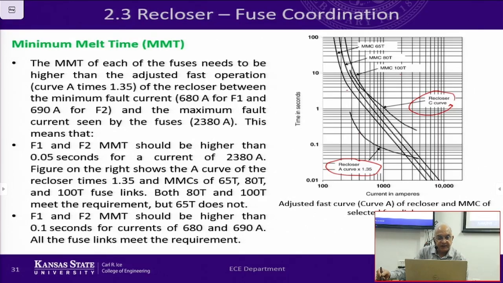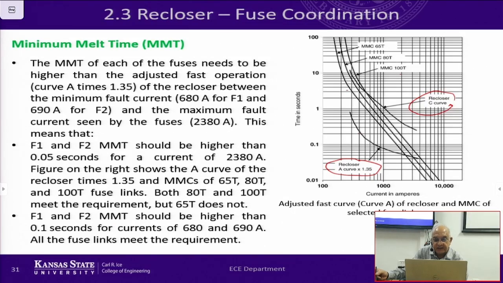So F1 and F2 MMT should be higher than 0.505 seconds for a current of 2380 amps. So at 2380, which, this is 2000, so 2380 will be somewhere right here.